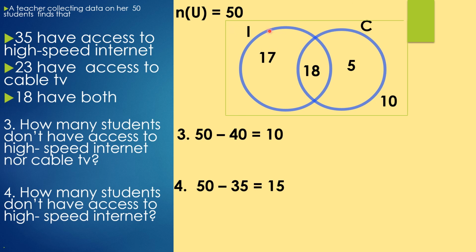Because these are only the students who have access to high-speed internet, 35. Or you can do it just like 5 plus 10. That is still 15. Just add the number outside this I set.